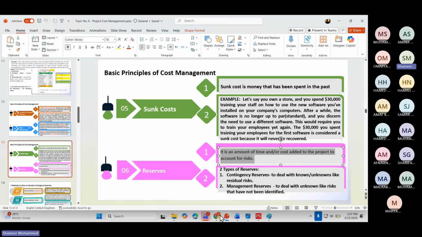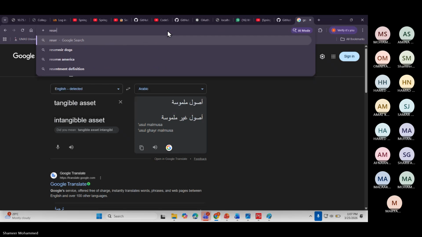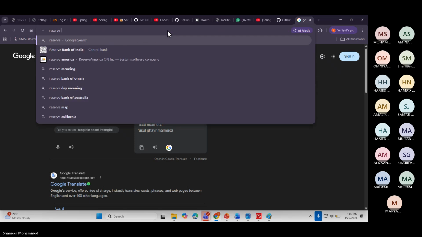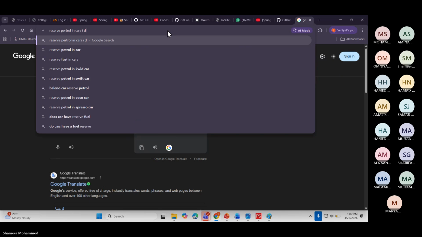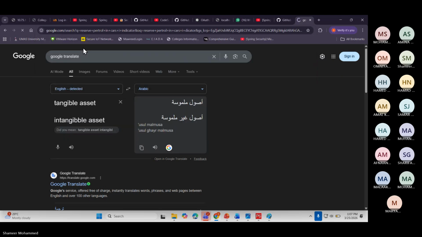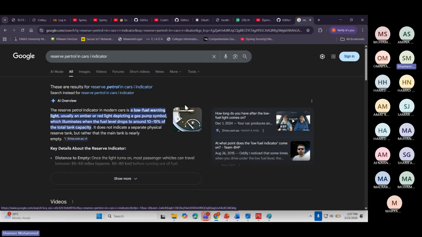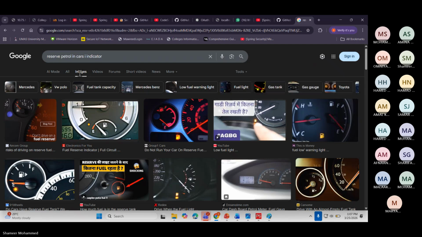In your petrol, you have this one, no? This symbol, what is this one?